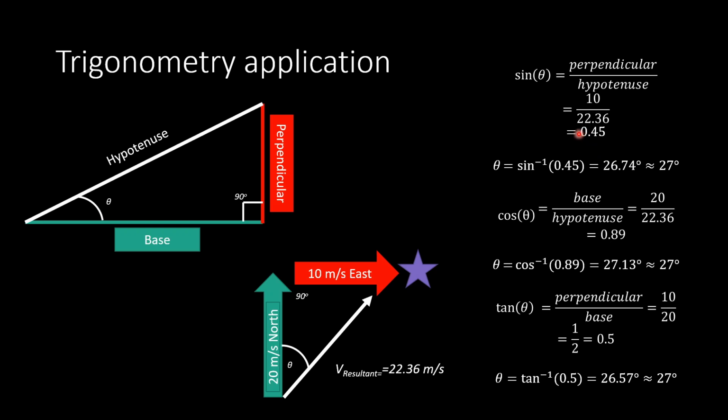If you were to take the sine inverse of the full value you get by dividing 10 by 22.36, you would get a better answer. Same goes here, so those answers would be comparable if you were to use the full values you get by dividing either 10 by 22.36 or 20 by 22.36, and then take either the sine inverse or cos inverse respectively.